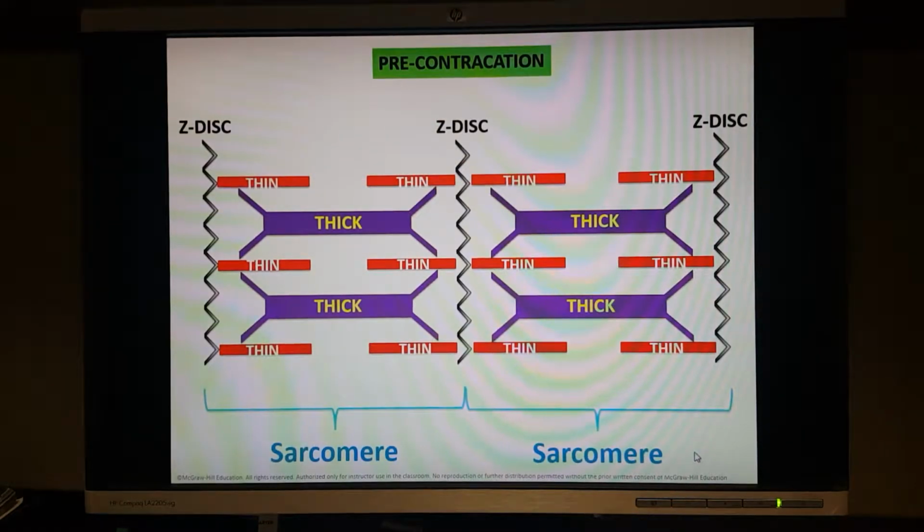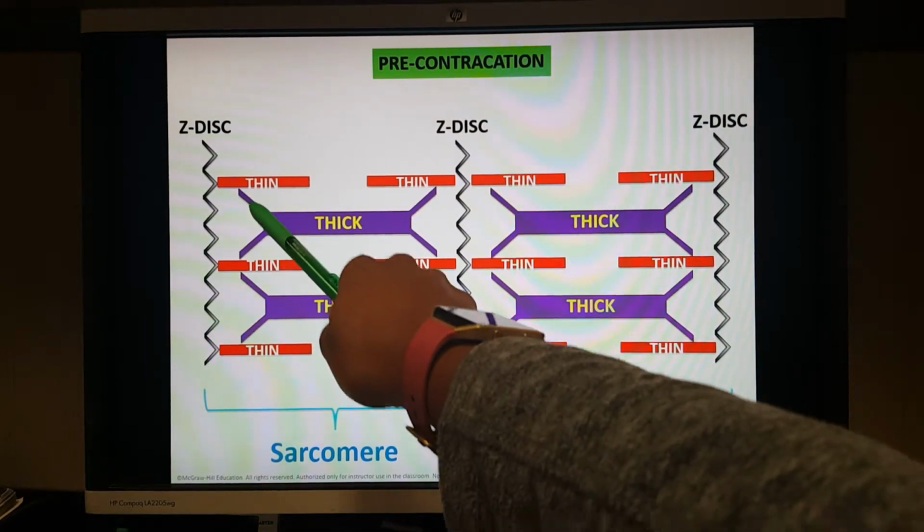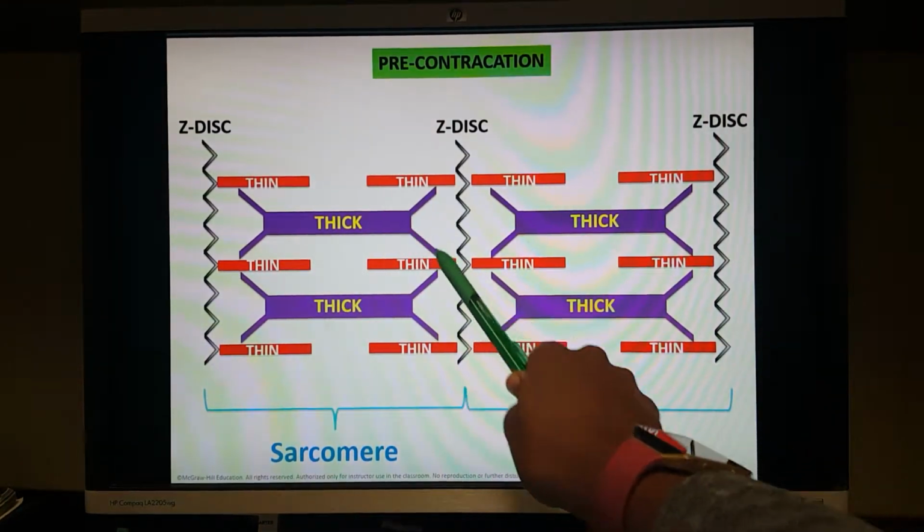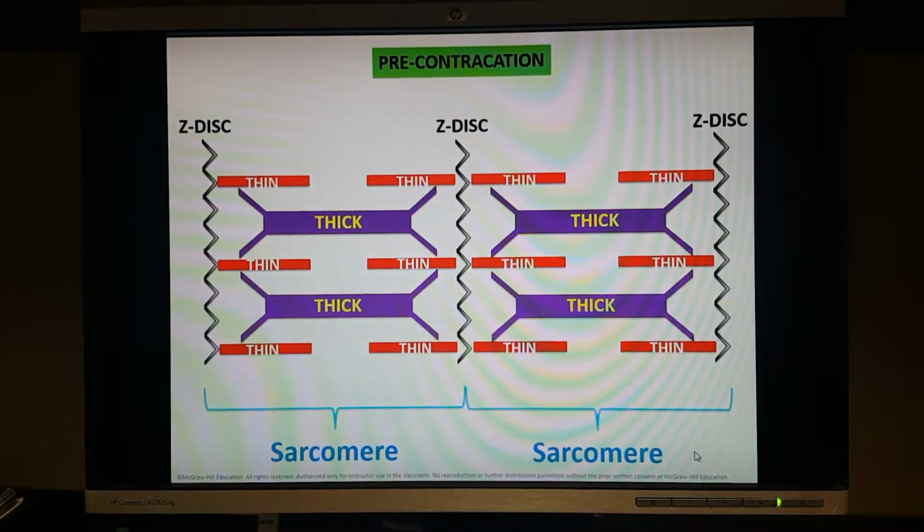So here is a sarcomere during pre-contraction, so we haven't got the signal yet to contract. Once that acetylcholine binds, it makes the action potential go, releasing calcium onto the troponin molecule, and the tropomyosin molecule then moves off those active sites on actin, allowing the myosin head, which are the little purple sticks off of our thick filaments in this picture, to make that myosin-actin cross bridge.